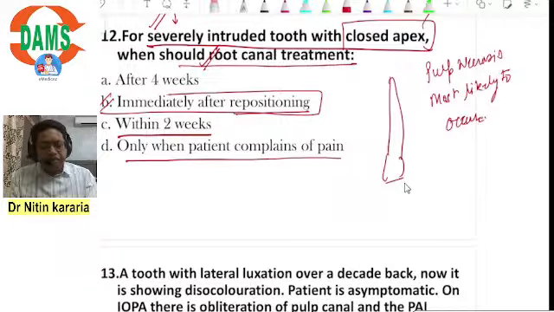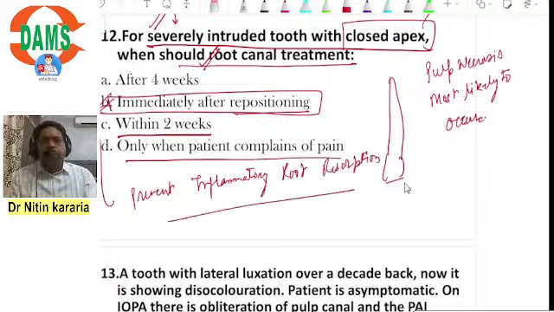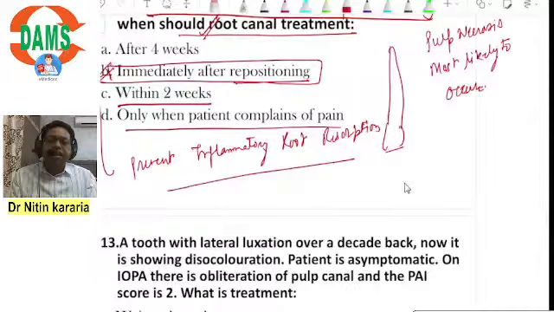This would prevent what? Prevent inflammatory root resorption. So immediately has to be done, preventing inflammatory root resorption and improving the survival potential of the tooth. So the answer to this question would be option B. Okay.